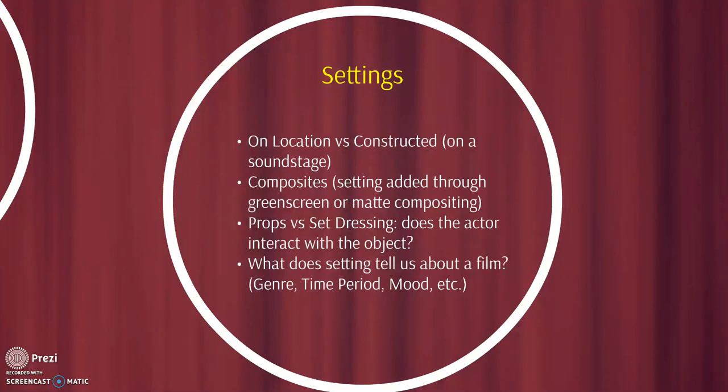So right now I want to just focus on physical, real material settings, which can be on location, which is exactly what it sounds like, or they can be constructed on a soundstage. Now, a soundstage is a large space, acres and acres usually, that is specifically used for the production of film sets, right?